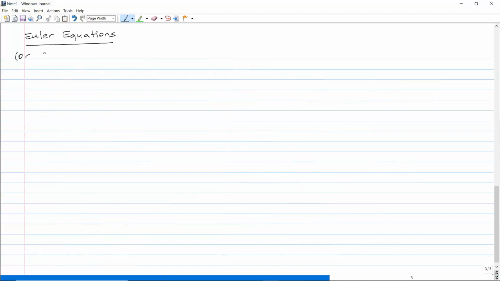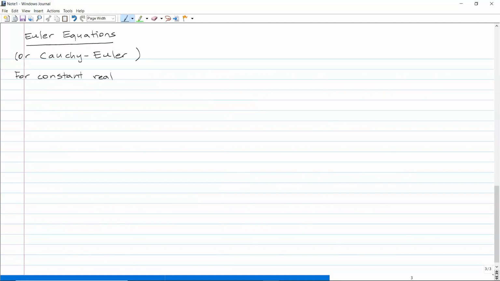Or sometimes called Cauchy-Euler equations. Okay, so what is an Euler equation?